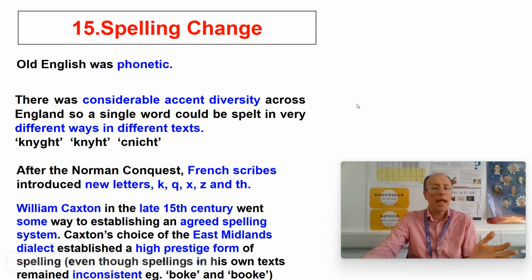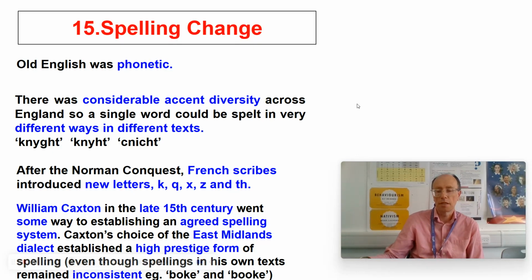Eventually, when we get to the end of the Middle English period, we've got printers arriving on the scene. So we've got William Caxton in the late 15th century, and he went some way to establishing an agreed spelling system, although it would be a mistake to say that William Caxton invented English spelling. That's completely wrong. But he set in process a kind of standardization.